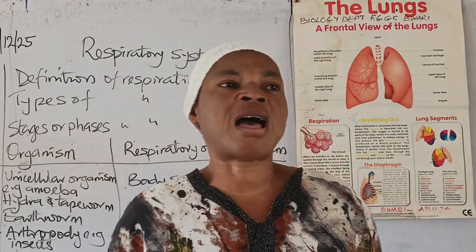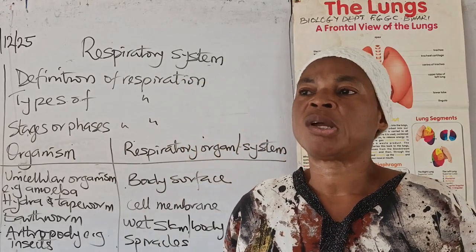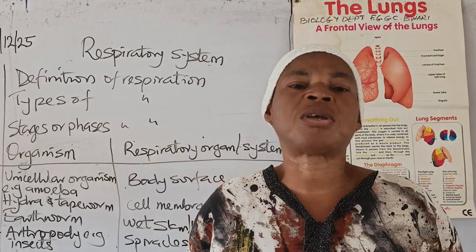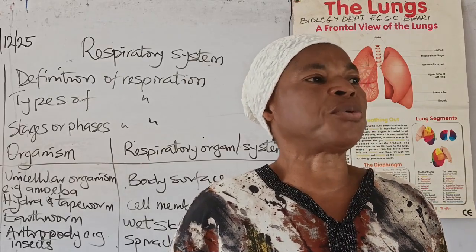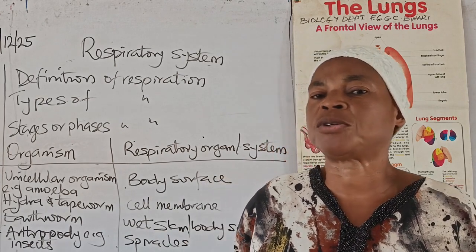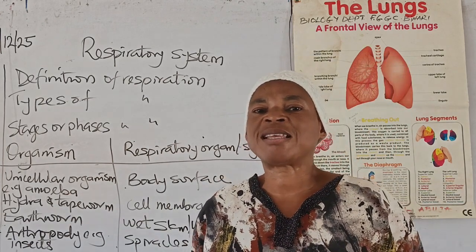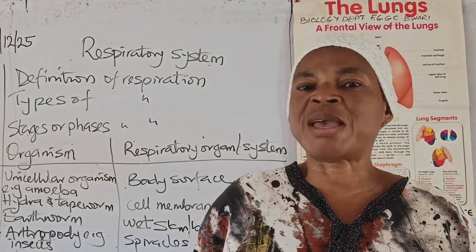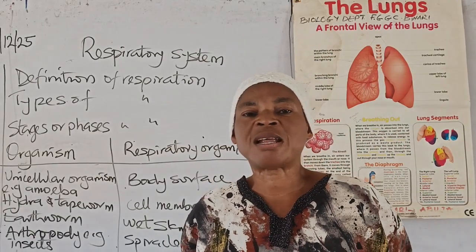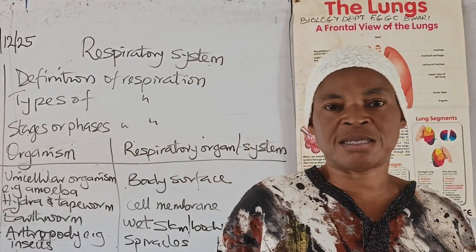We also have the phases and stages of respiration. When you talk about stages and phases, that's when you talk about external respiration and internal respiration. External respiration is the type of respiration that takes place between the environment and the respiratory organ. And internal respiration, you have done it in SS1.